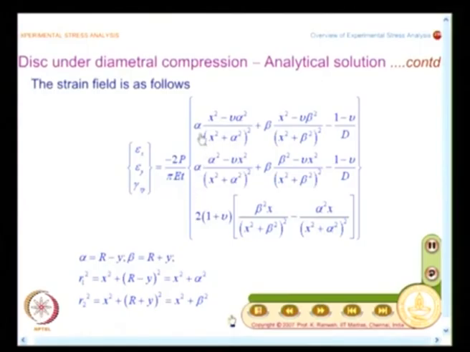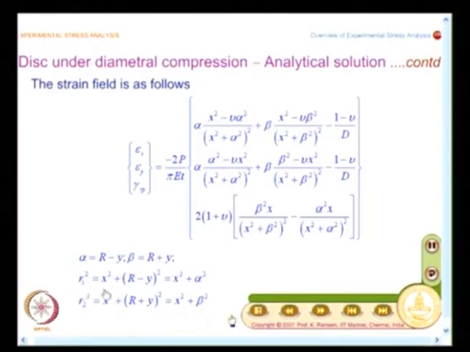I have this as alpha into x squared minus nu times alpha squared divided by x squared plus alpha squared whole squared, and alpha is defined as alpha equal to r minus y, beta equal to r plus y, and alpha and beta are also related to r1 squared and r2 squared as follows.